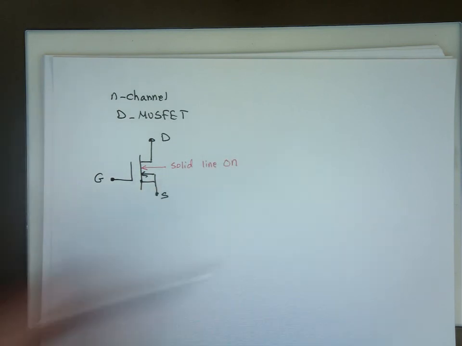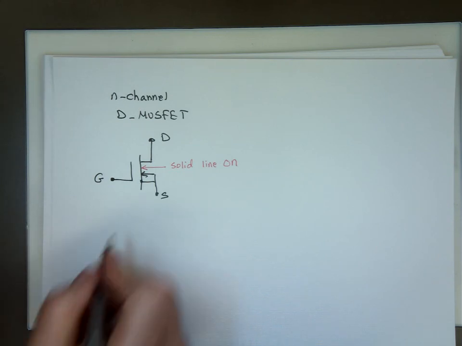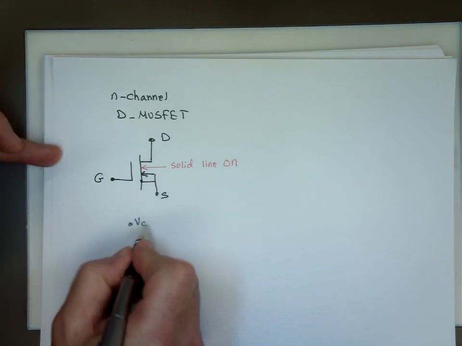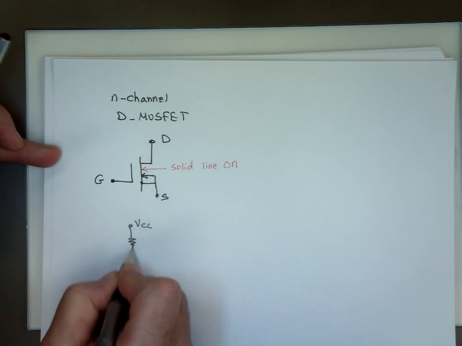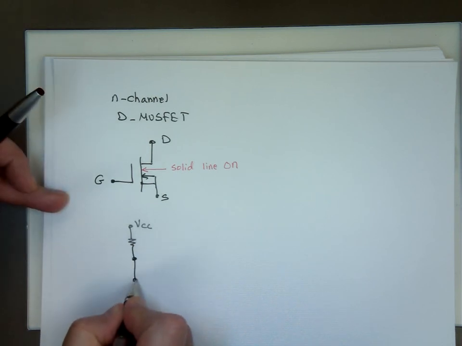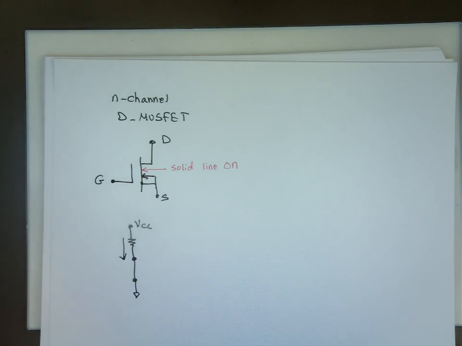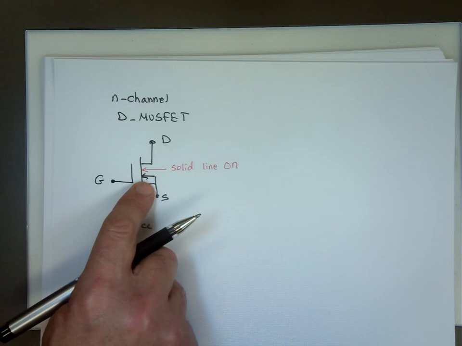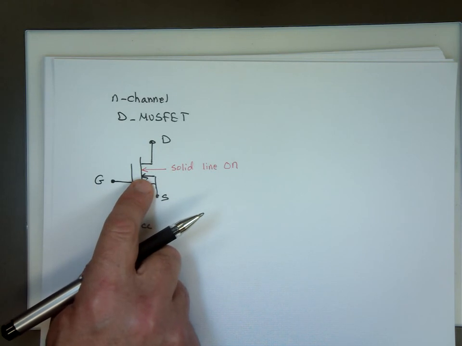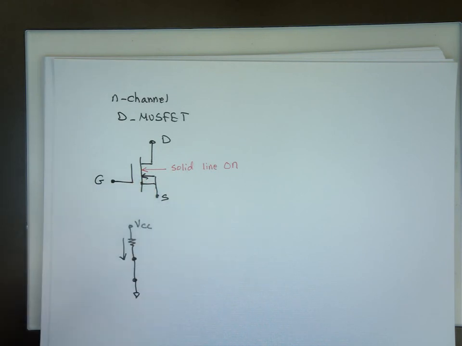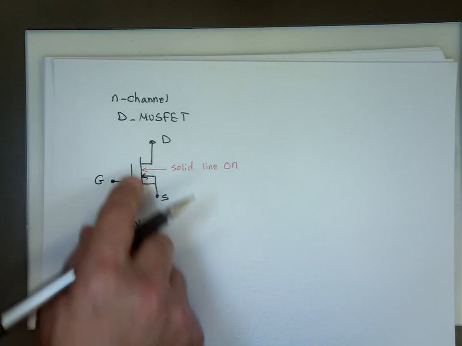Because if you have a voltage source VCC here, and a resistor R, and a wire there, then we have current going through it. You also notice the arrow is pointing to the left. Most engineers are lazy. We never really connect it, we don't put the G with the L shape like this. Oh, that's too much work.